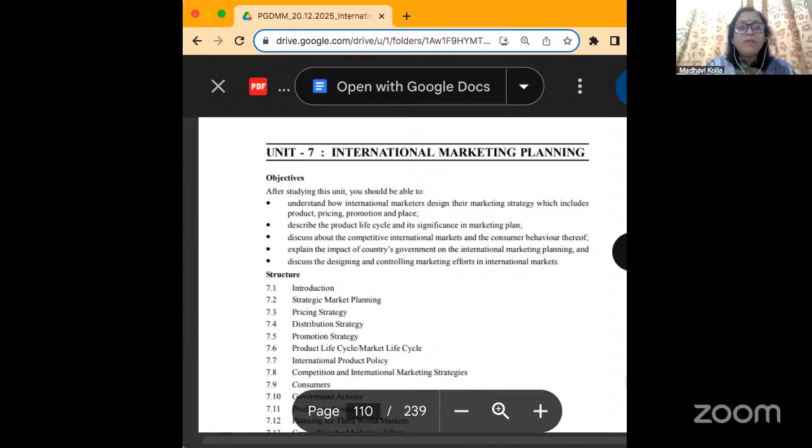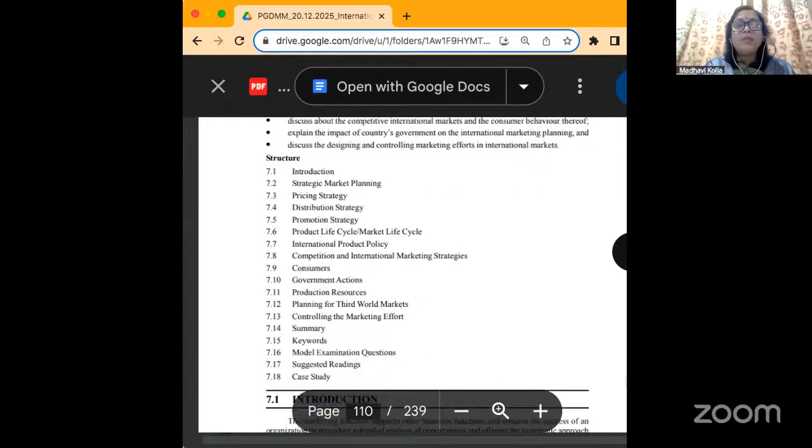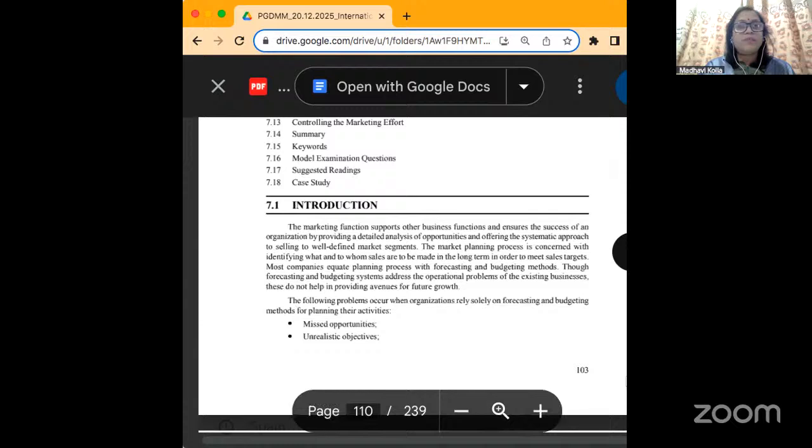So, in terms of the structure, we'll be deep diving into each of these headings in more detail in today's session. So let us first start with understanding what this entire topic is all about. A marketing function supports other business functions and it ensures the success of an organization.